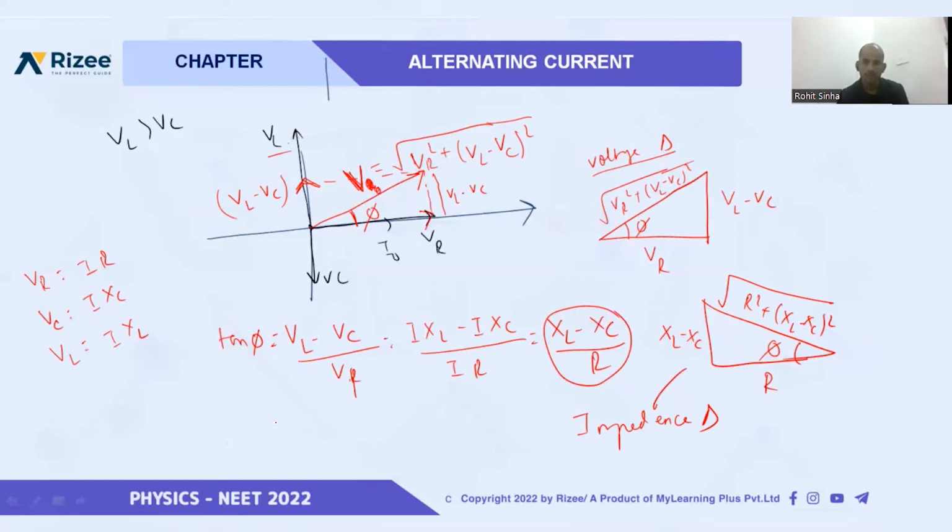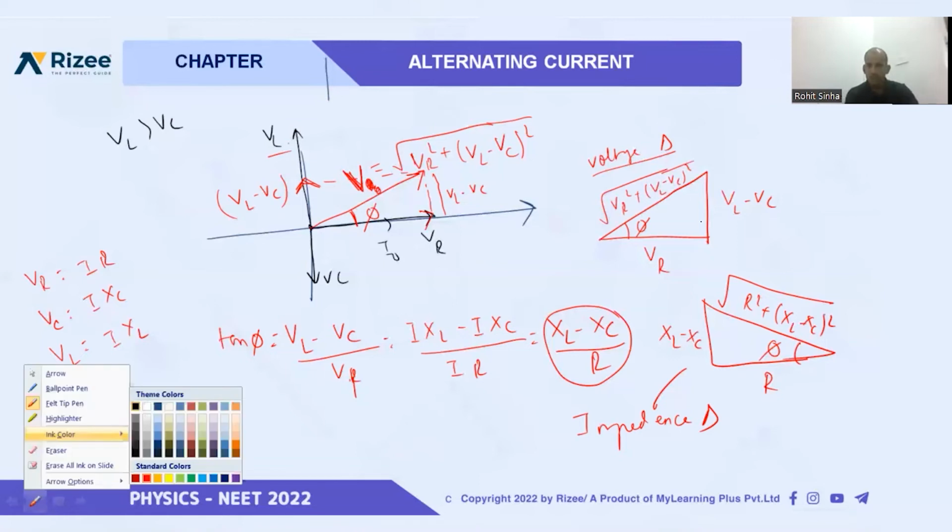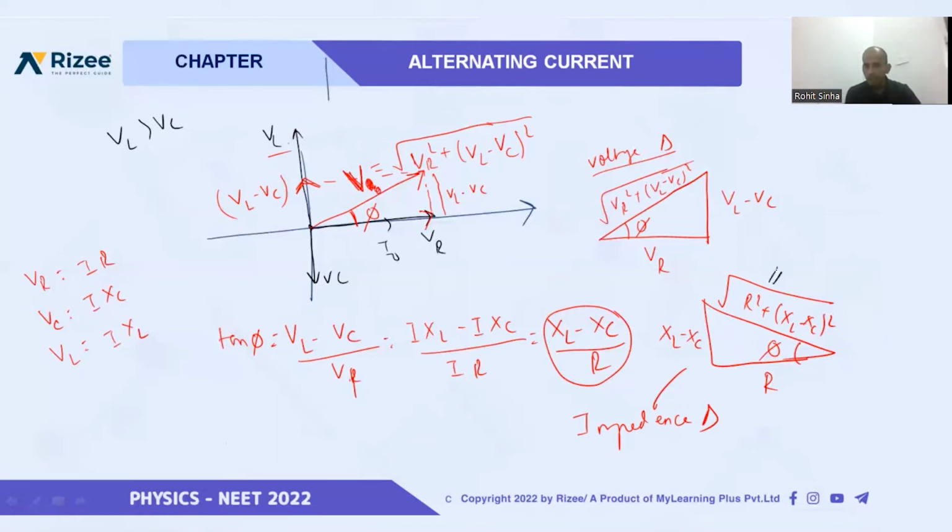Now let us see one more concept. You can see here tan phi, this one. This is the resultant of resistance, represented using Z, and Z is called the impedance, net impedance, total impedance.